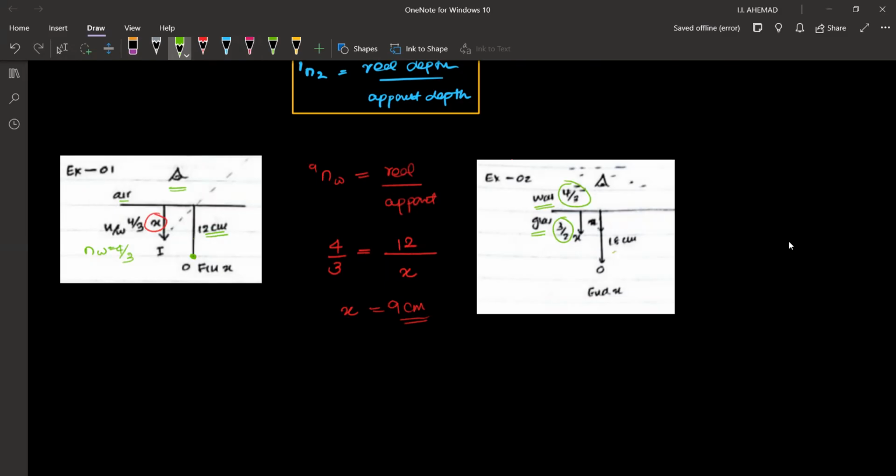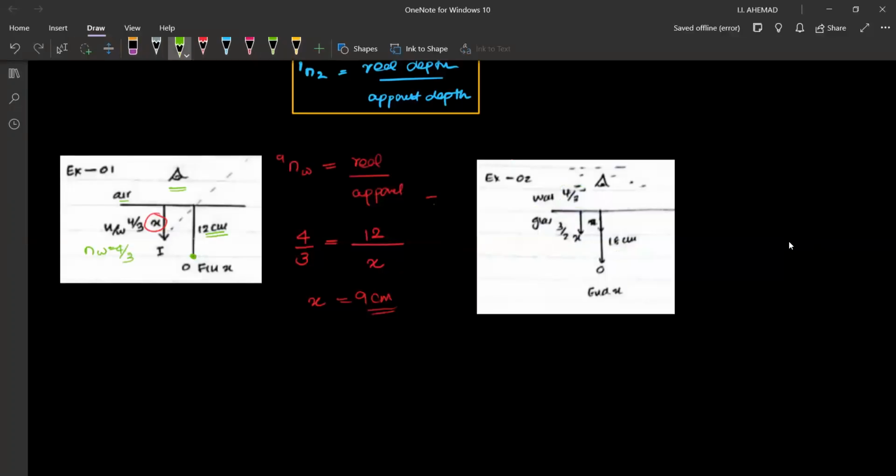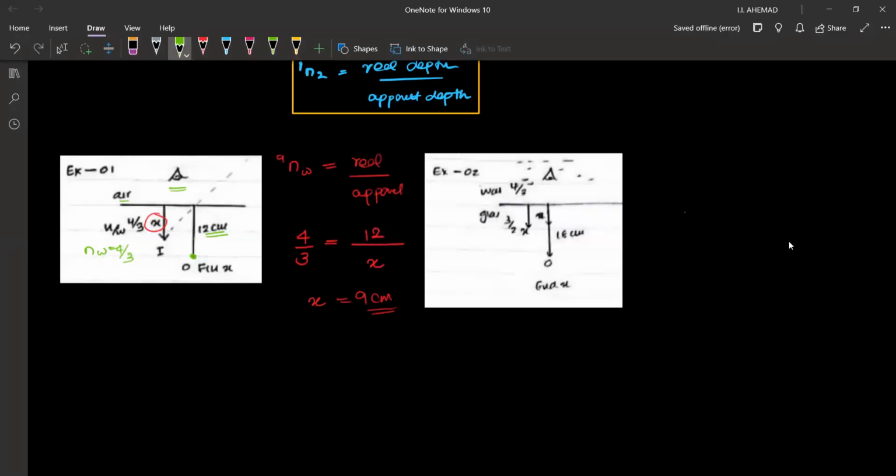The real depth is 18 centimeters, and you have to find what is x. I'll do it on the screen.